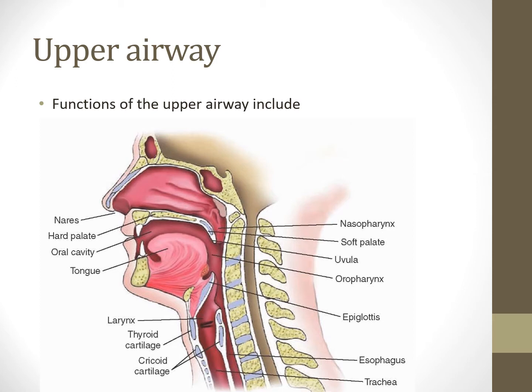And then when we're looking at something like an LMA, that just goes to the entrance or the top part and covers up the esophagus. So therefore, every ventilation will go through their trachea, right? It's blocking the esophagus and allowing air to go to the trachea. When you look at a Combitube, that can go in either the trachea or the esophagus.